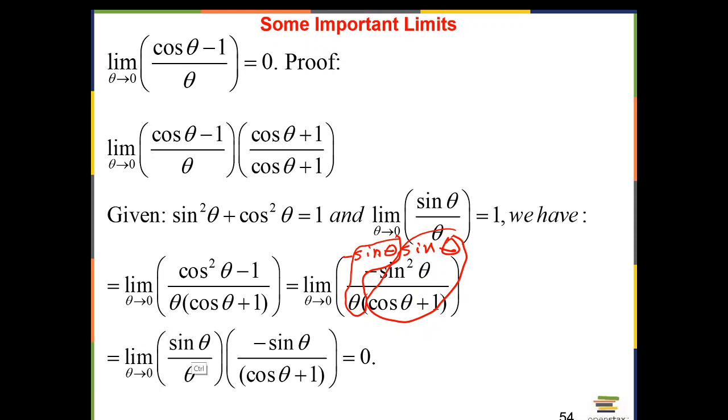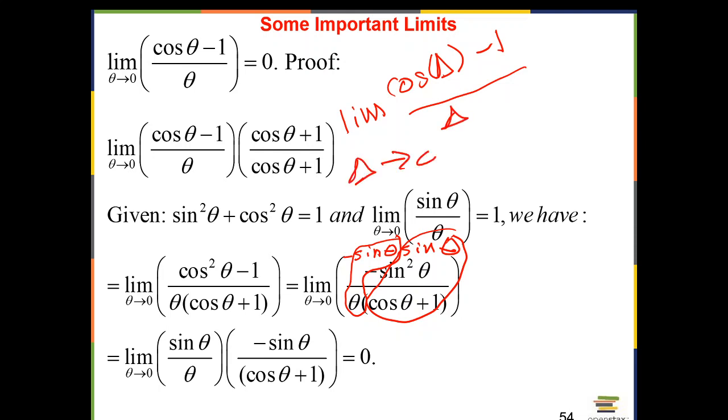Limit of sine theta over theta when theta goes to 0 is 1. Limit of this, we can just substitute. Sine is 0, cosine is 1, 1 plus 1 is 2, 0 over 2 is 0, so 0 times 1 is 0. So the limit of cosine of something minus 1 over that something when that something goes to 0 is 0. That is very useful later on in chapter 3.